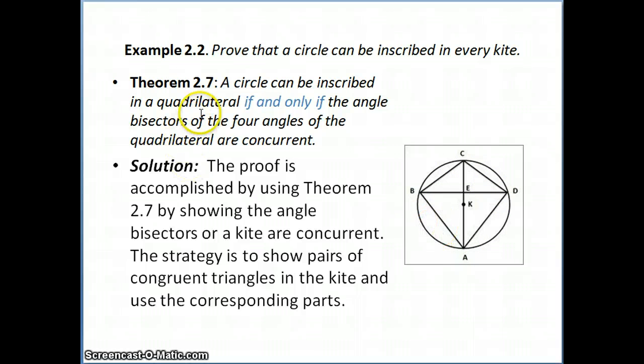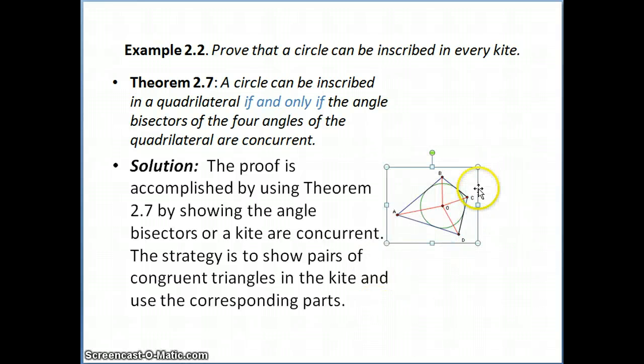We want to prove that we can draw a circle inside. Actually the picture is not exactly correct, so I'm going to use the last picture. Suppose this is a kite, AB is congruent to AD, BC is congruent to CD, and we want to know if we can draw an inscribed circle.